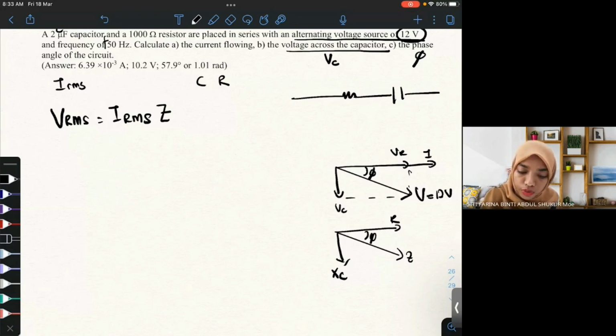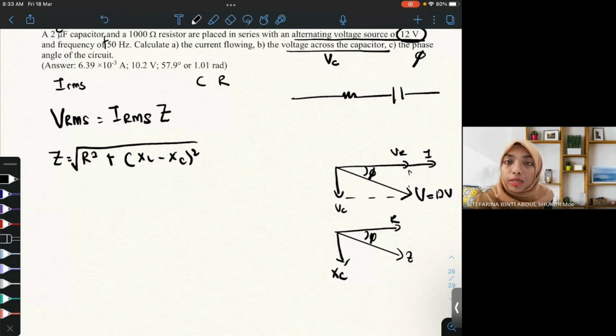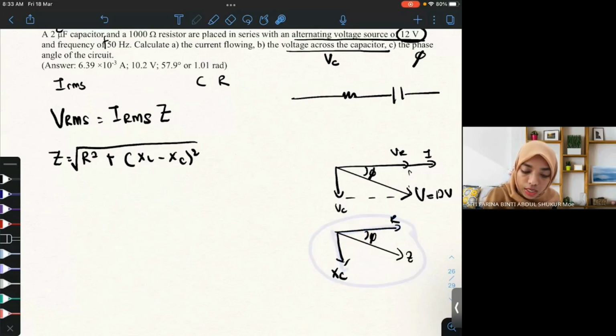Okay, so to find your Z, okay, kita ada summation Y dan juga summation X. So Z kita is going to become square root of R square plus, kalau kamu hafal, kamu akan hafal XL minus XC square. Begini. This is how, if you were to memorize. If you were to use the diagram, kita tahu ini adalah X component, ini adalah Y component. So ada R square plus XC square sahaja.